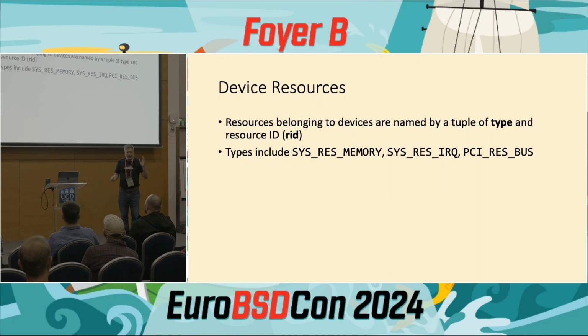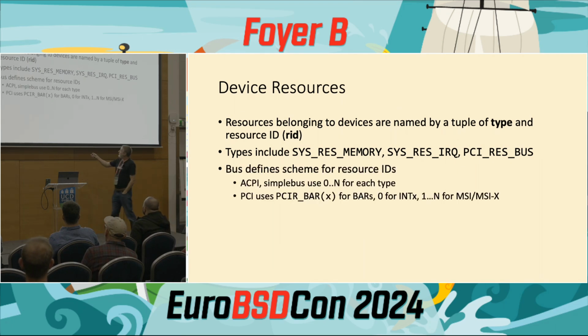We also have a couple of other ones I'm not going to mention, but another type of address space that may not be an obvious one at first are PCI bus numbers. So a PCI domain has bus numbers from 0 to 255, and bridges can claim a region of those, kind of like an I/O window. And so we actually have rmans to manage those bus numbers, and that's how we manage avoiding conflicts and all the same problems with bus numbers.